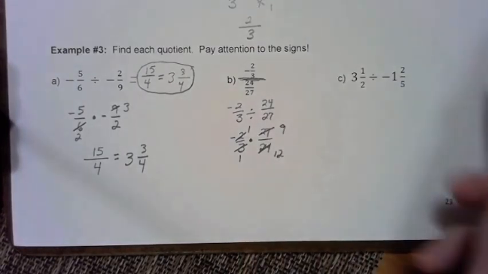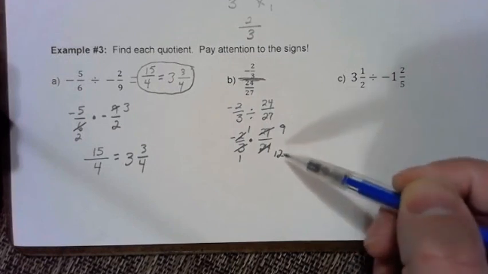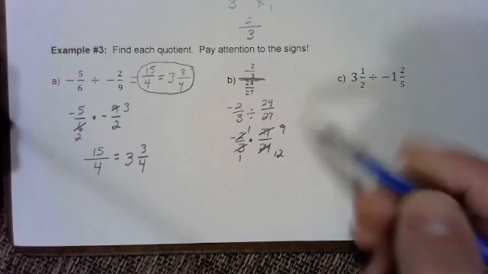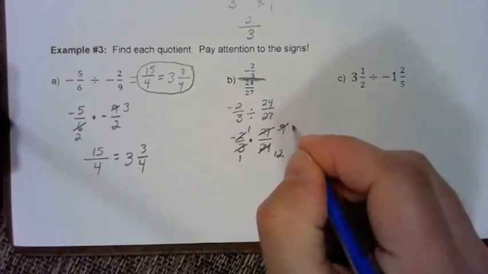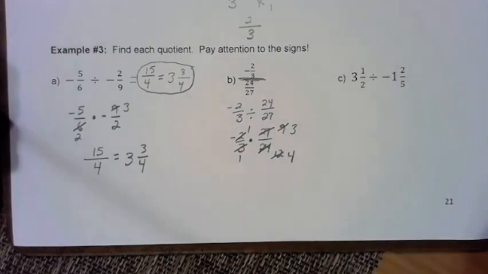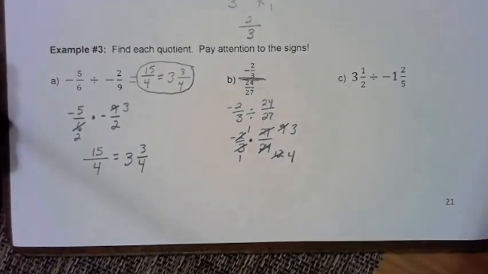I can still simplify because I have a numerator of 9 and a denominator of 12, which have a common factor of 3 again. 3 goes into 9 3 times and into 12 4 times. Now I've simplified as far as I can go.